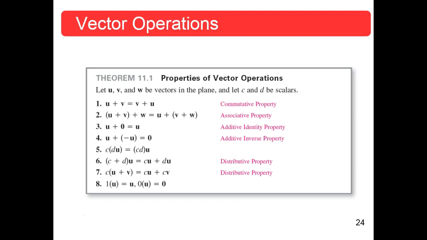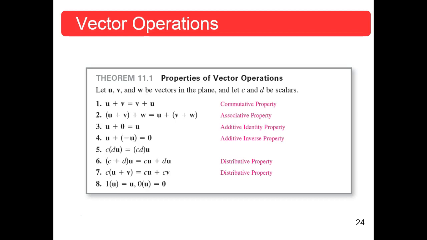All right, here are the multiplication and distributive type properties. If you have a number c that you're multiplying by the number d times a vector u, this is called a scalar multiple of d times u. That's the same as multiplying c times d and then multiplying that by u.